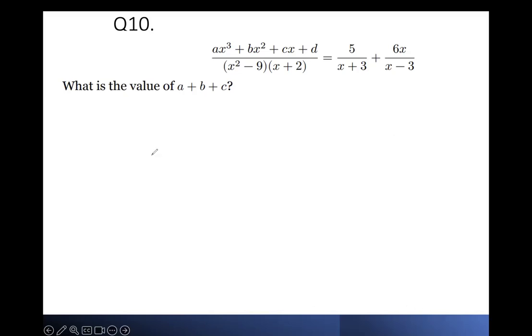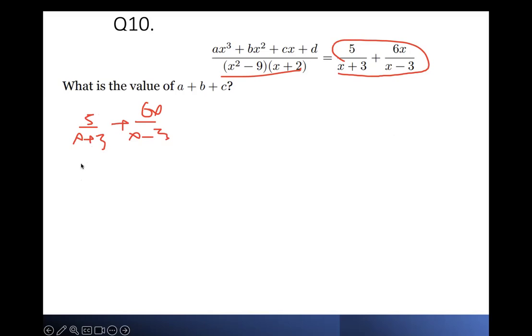Your mission is to make the bottom numbers the same. Therefore, I got to do something to this to make it that. I have 5 over x plus 3 plus 6x is equal to x minus 3.